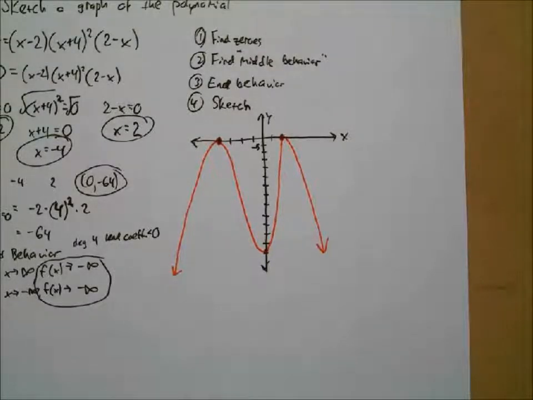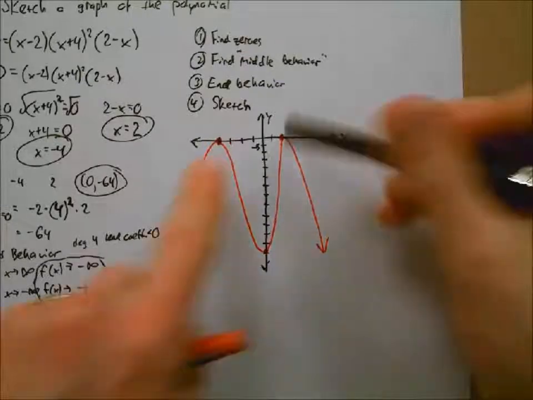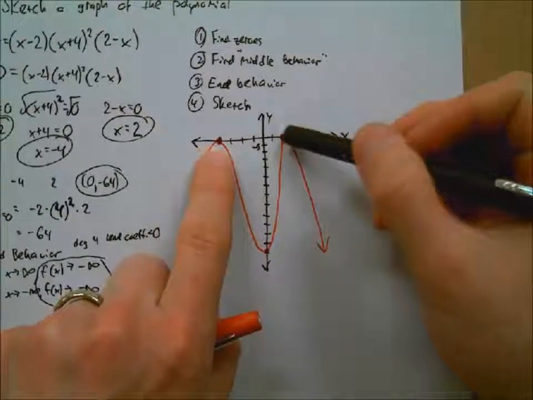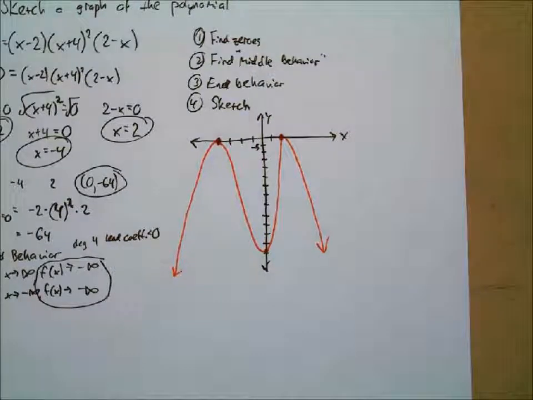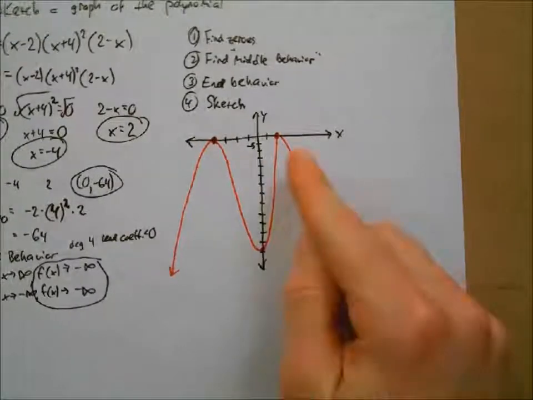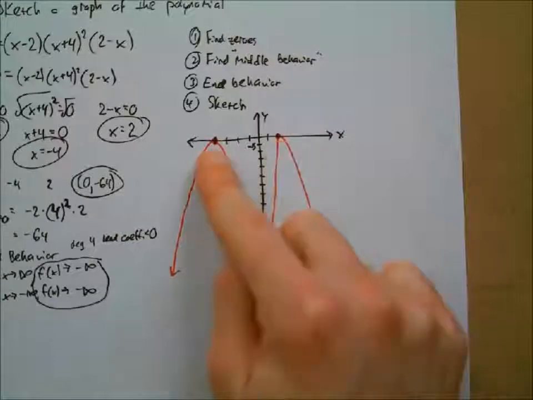At the zeros. Wait a minute, Mr. Wade, we have 2 places where the absolute maximum occurs? Yes, both these places you could consider to be an absolute maximum because they both have the same highest y value of 0. So the absolute maximum value is 0, and the locations of those absolute maximums are at 2 and -4.